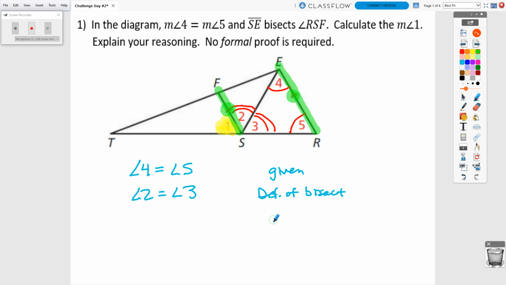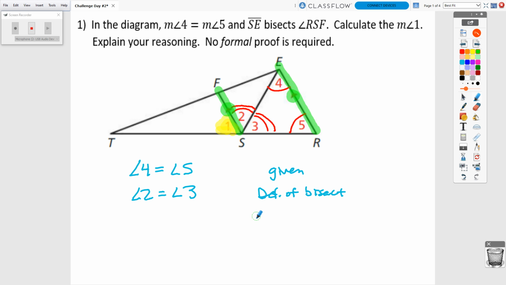So these two segments, FS and ER, are marked as parallel. And so, hey, we've done this whole chapter on parallel lines and segments, and we've even done a ray problem. Do you see any kind of special angles that we could maybe discuss here? And I just want to point out a couple in general here.